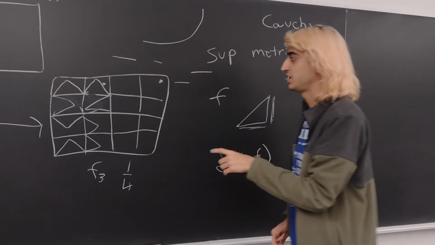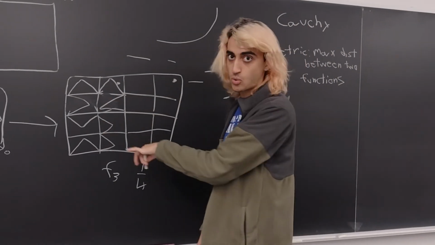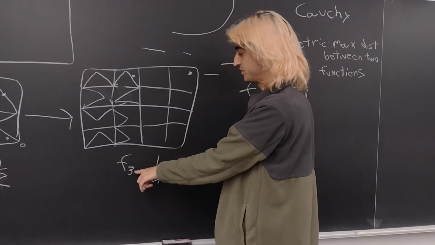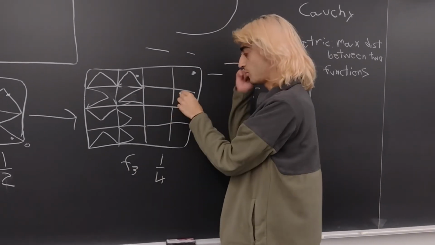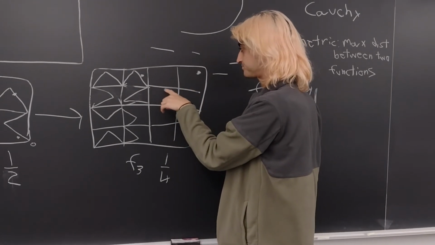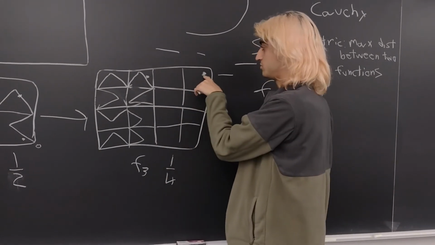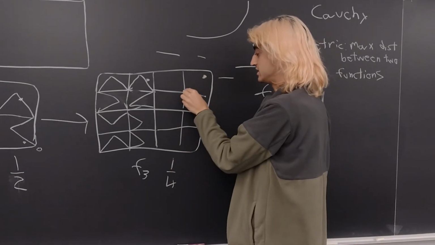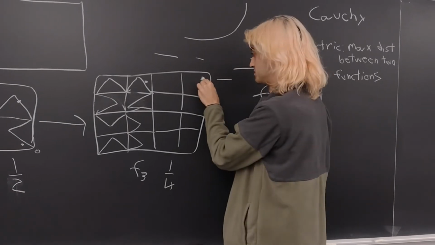The next thing is, again, note this square argument. For every n, fn is going to hit each of these small squares with side length 1 over 2 to the n. So this point is inside one of the small squares, and fn is going to go at least within 1 over 2 to the n of this point.